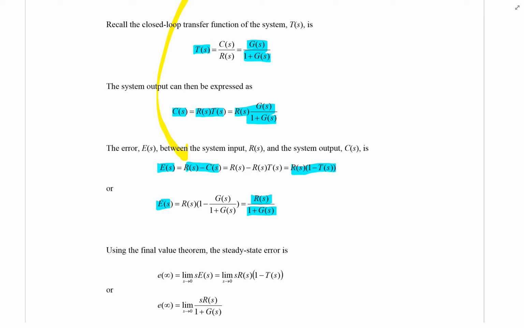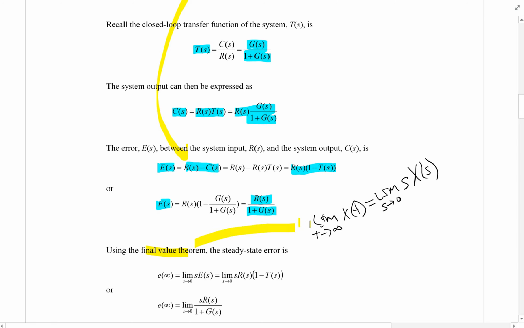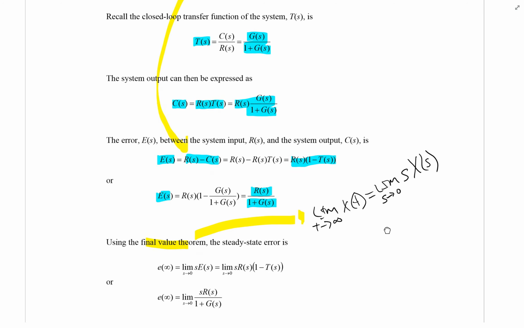Remember, the final value theorem said that the limit as t goes to infinity of x(t) is going to be equal to the limit as s goes to 0 of s times the function in the s domain. Okay, that was the final value theorem. And so that's what we're going to employ here to solve this equation for us.